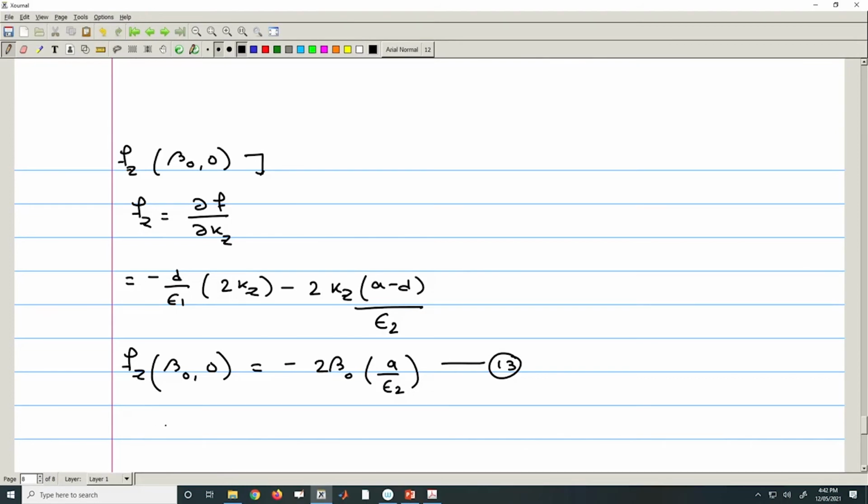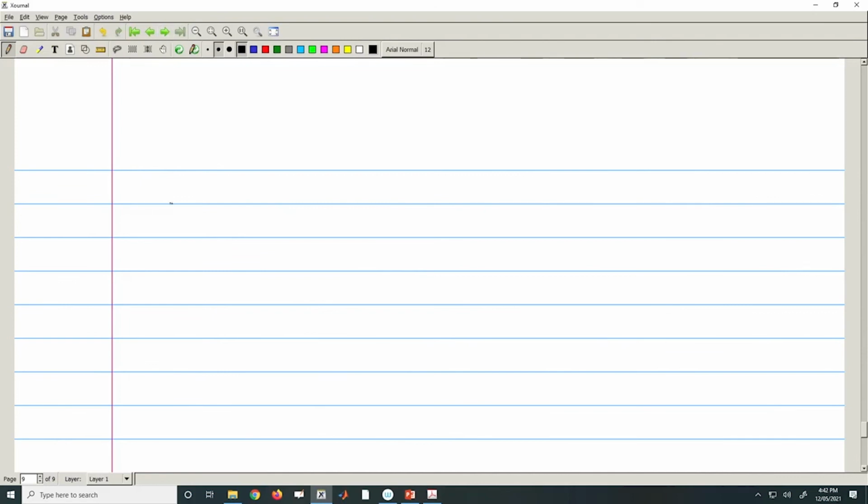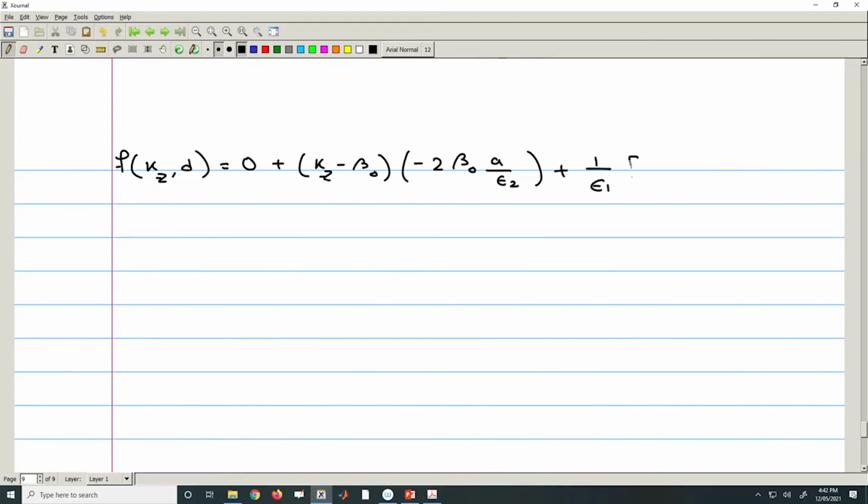So, substituting 11, 12 and 13 in 10, we will get f of k_z comma d, the first term was 0, plus (k_z minus beta naught) multiplied by minus 2 beta naught a upon epsilon 2, plus 1 upon epsilon 1 times (k1 square minus k2 square) multiplied by d.